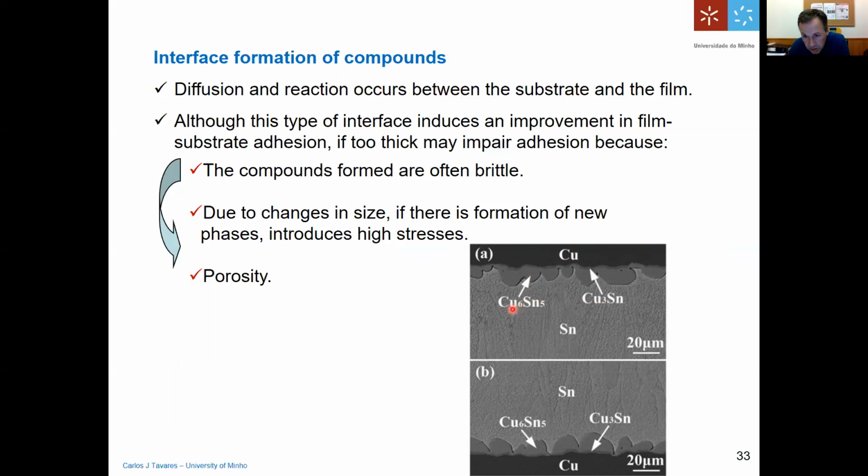Here, for example, you have an almost similar stoichiometric proportion between copper and tin, but here you have an enriched zone where you have more copper than tin, okay? And this is related to the diffusion of copper and tin, which make these compound grains here, at the interface between two materials.